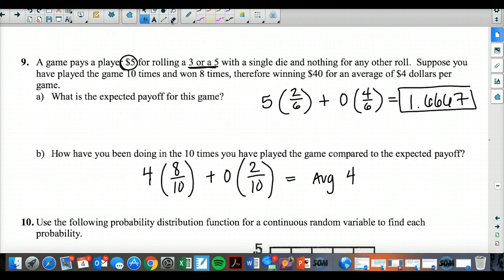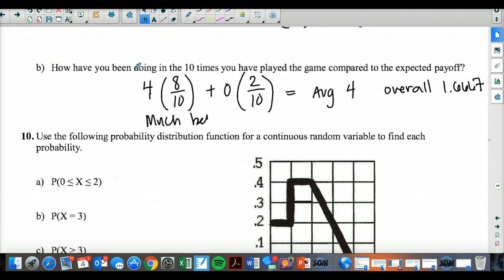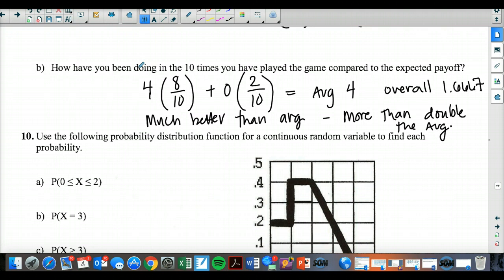The overall average should be 1.6667. So how have they been doing? Better than average, right? They've been doing much better than average. I could say more than twice as well as they should have, more than double the average. You can come up with ways to say that. So it's been doing super, super well.